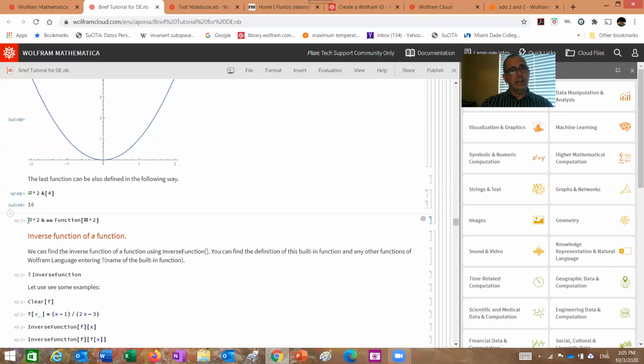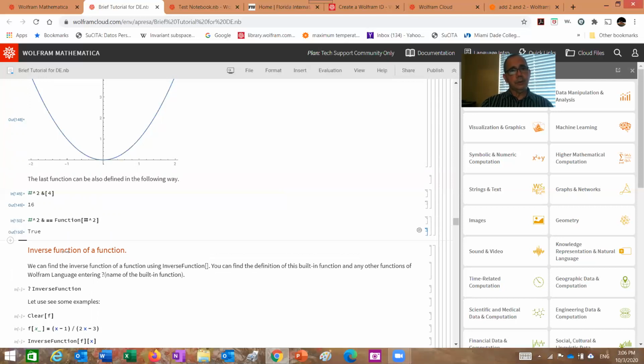And then if you ask whether this function is equal to this function, notice that I know I'm asking here because this becomes a logical statement when you put the double equal sign in between. So you put the cursor at any point on that input, you press Shift Enter, and it returns True. It means that this is the same function as this one. And both are equal to the function that turns x into x to the 6.